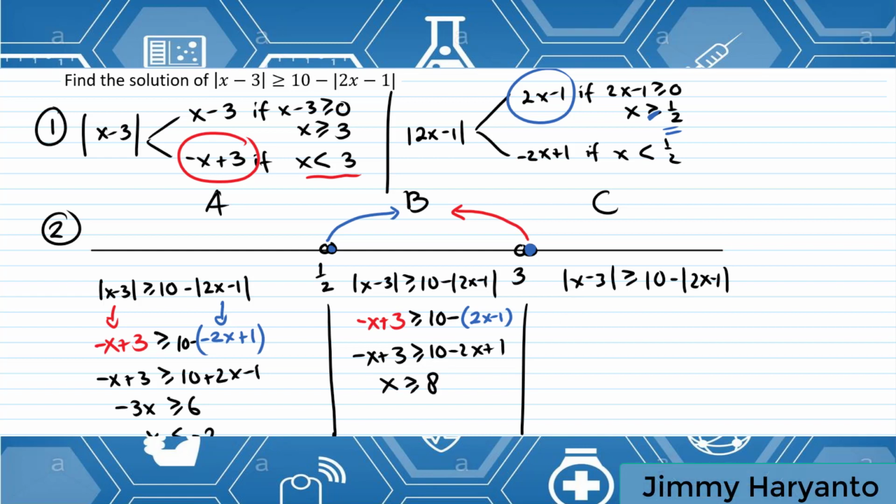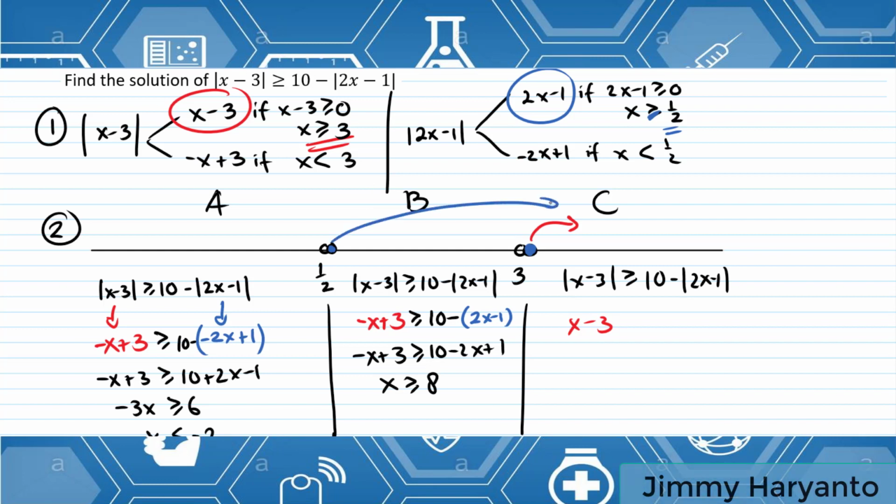For room C, room C is at the right side of 3, so I have to choose the top one, not this one, and this one. Yeah, negative 3. And then for half, it's at the right side of half, so I have to choose 2x minus 1.